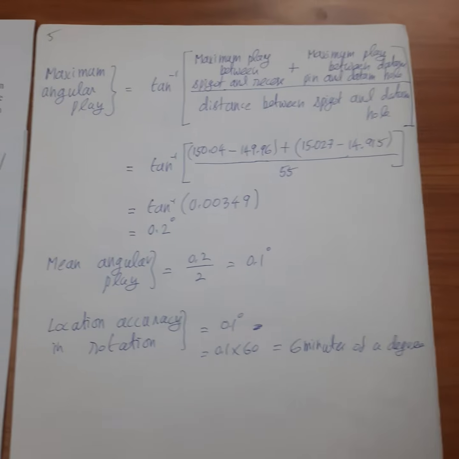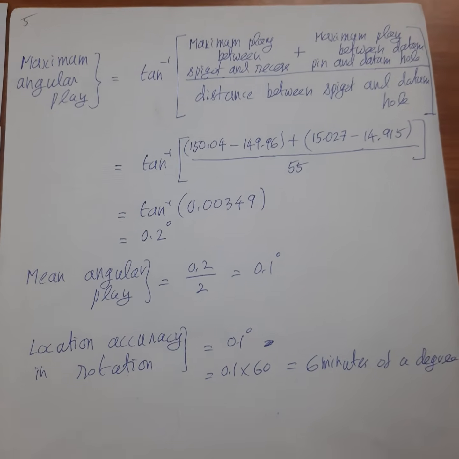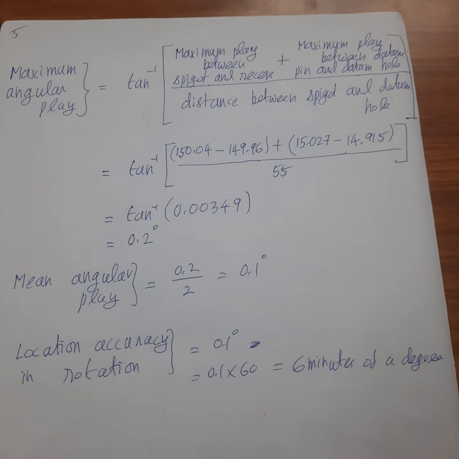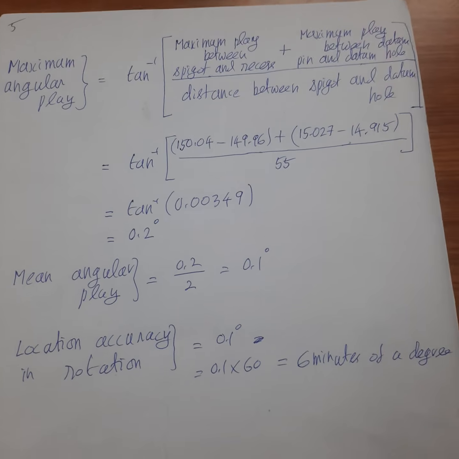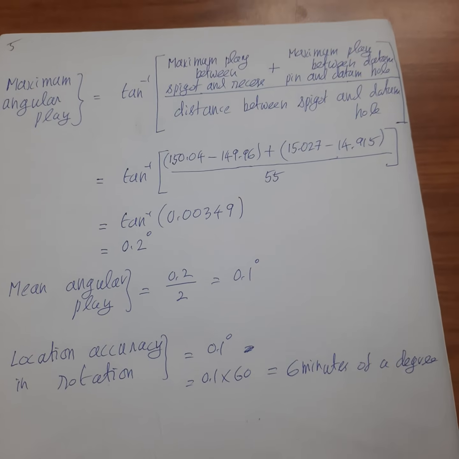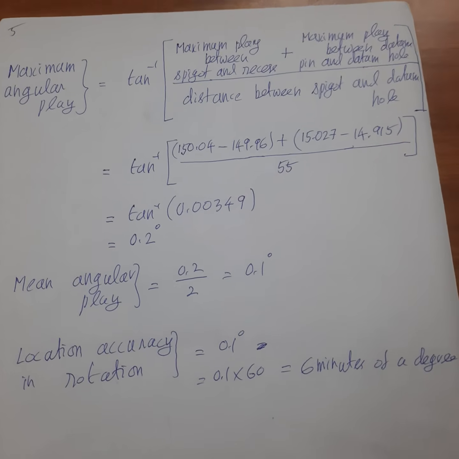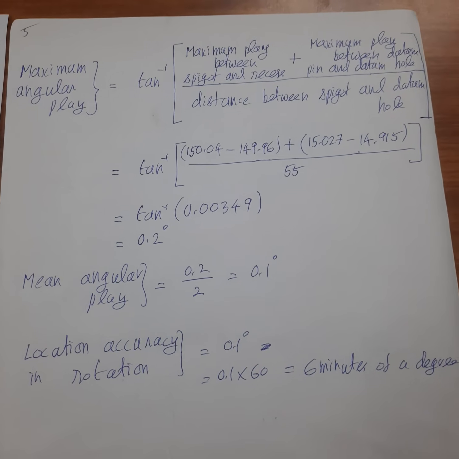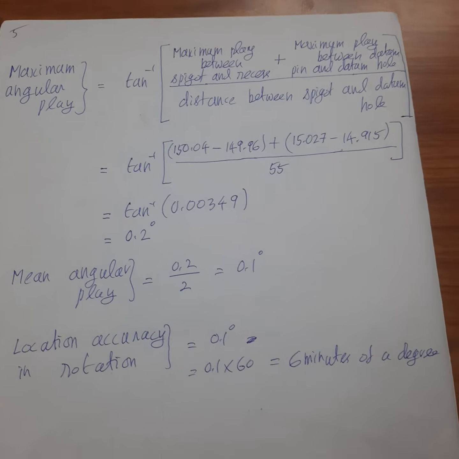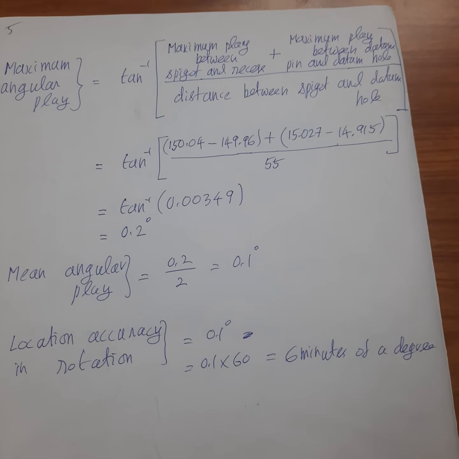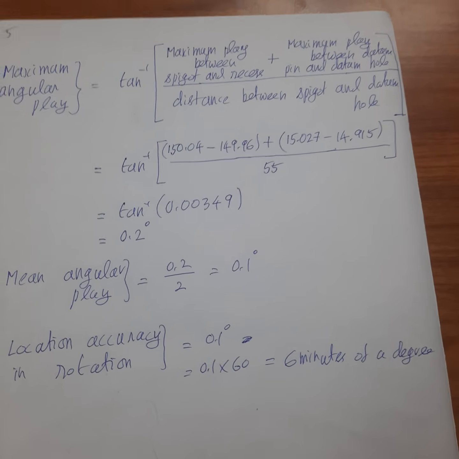Once the maximum diameter of the pin is found out, we can find the maximum angular play that is expected due to the various tolerances assigned to the parts of the assembly.